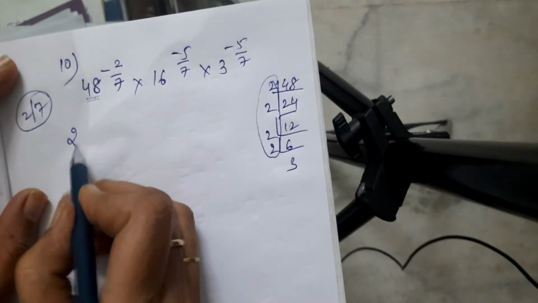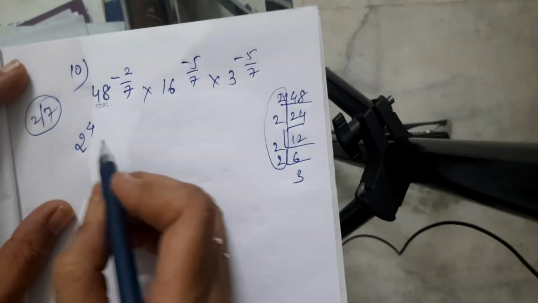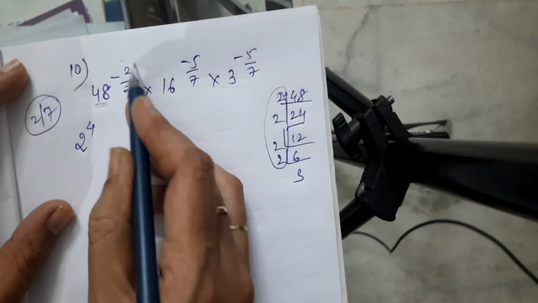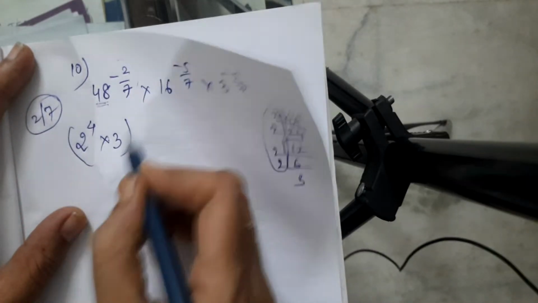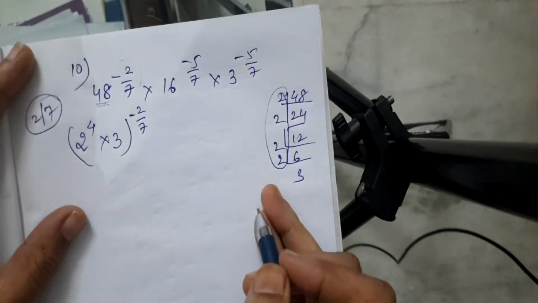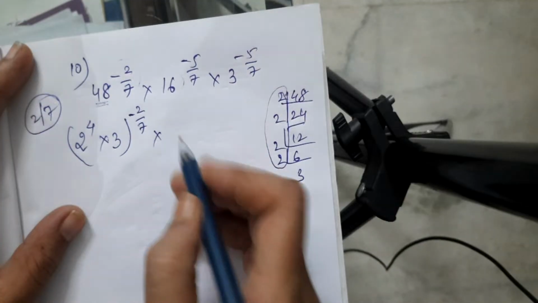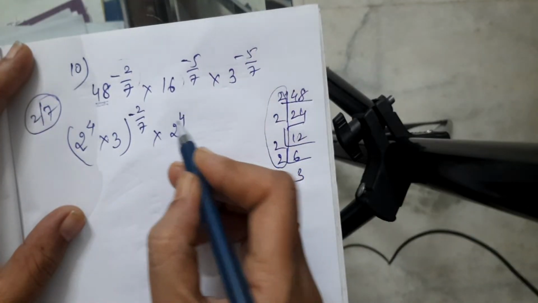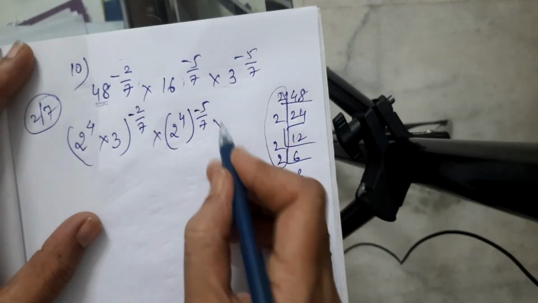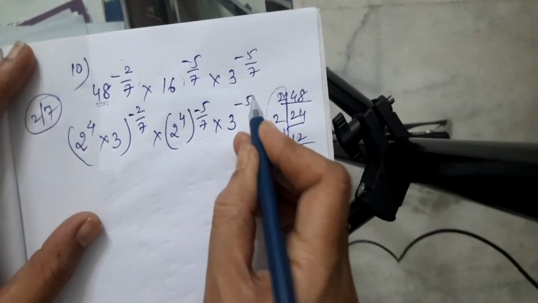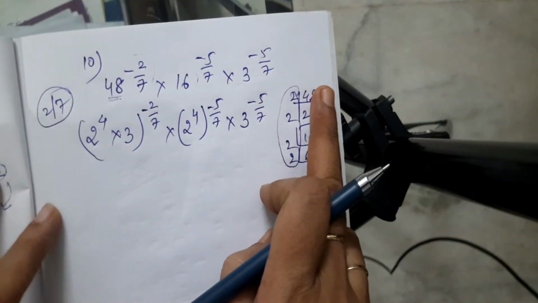So first write down 2, 4 times, and then this multiplied by 3, whole power minus 2 by 7. Now 16 is 2 raised to 4, again this we need to multiply by 5 upon 7. Then 3 raised to minus 5 upon 7.